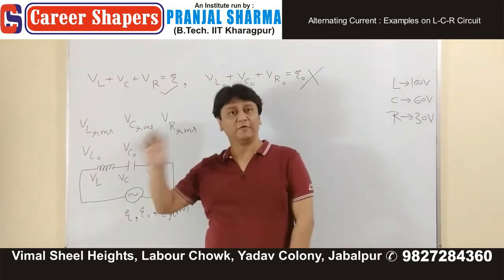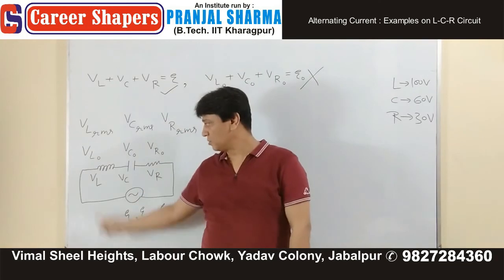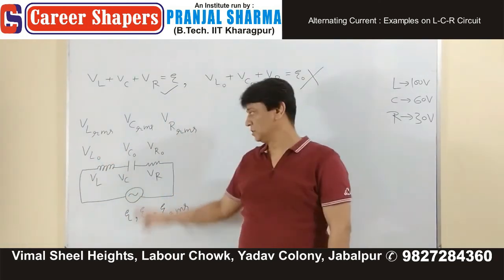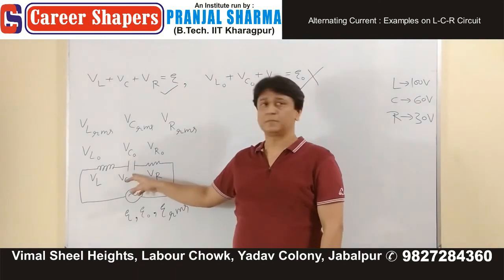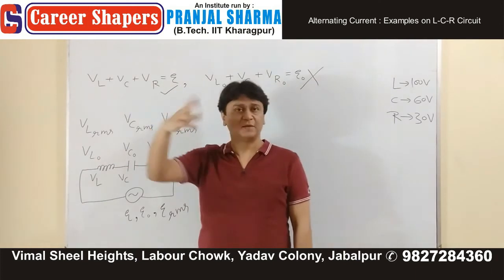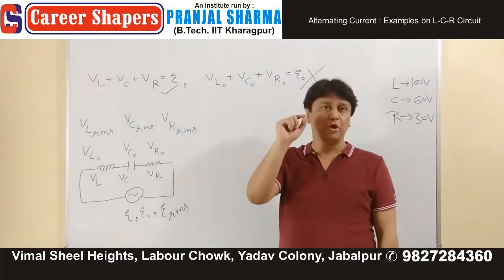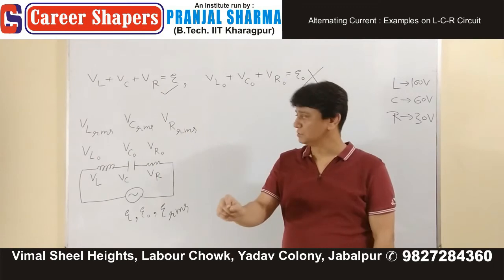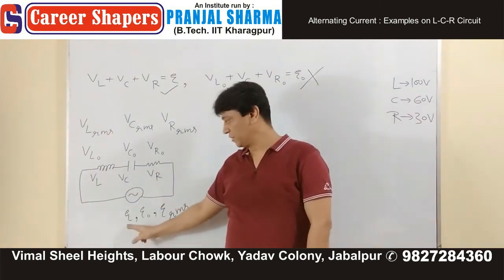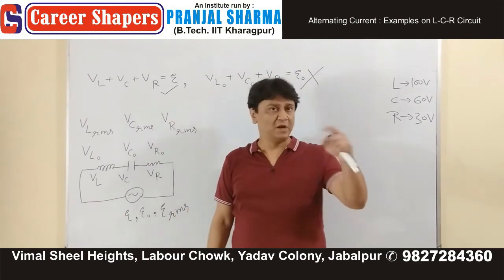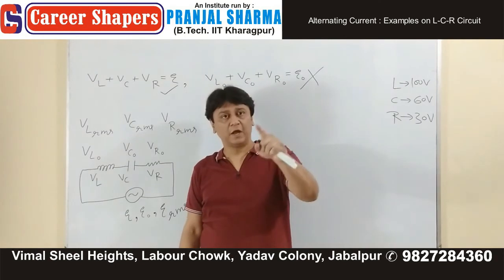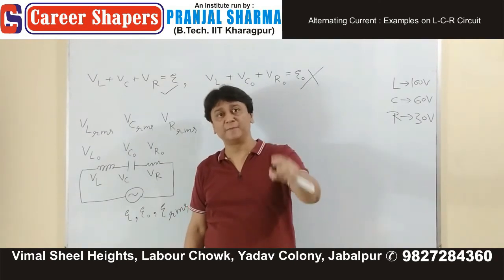Instantaneous means at a given time you found that VL is, let's say, 10, VC minus 5, VR plus 30, something like this. If you add all the instantaneous values, it will give you E. Instantaneous means all those values take place at the same time.